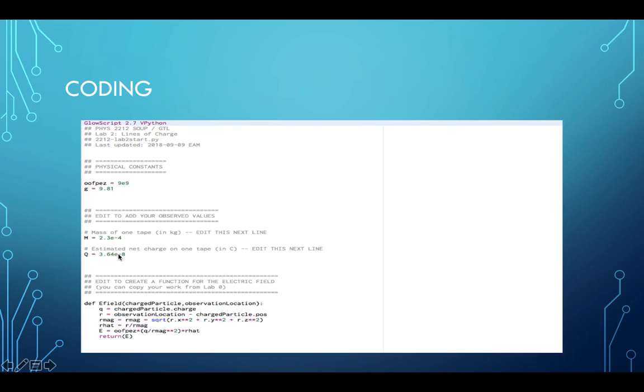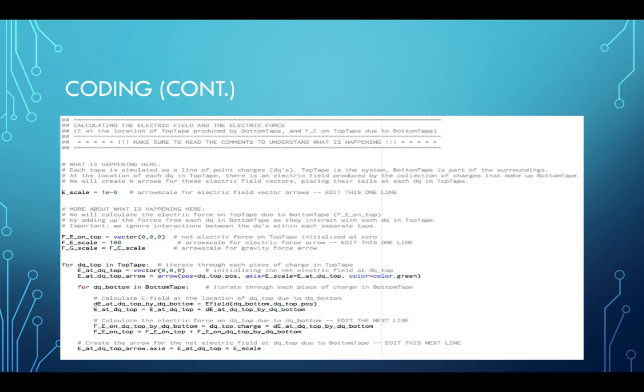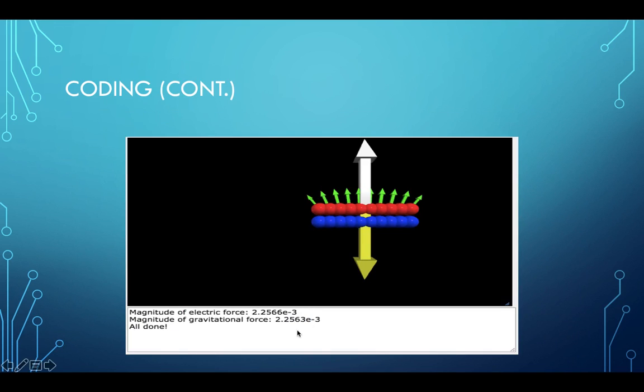So back here, I basically had to guess and check until I got those values to be roughly equal. And then the value that I found for the net charge on one tape is 3.64 times e to the negative 8 coulombs. And yeah, the values are roughly equal, so that's as close as I was going to get.